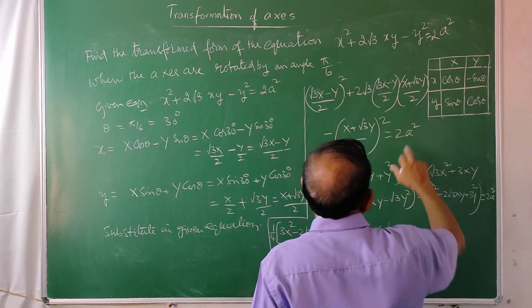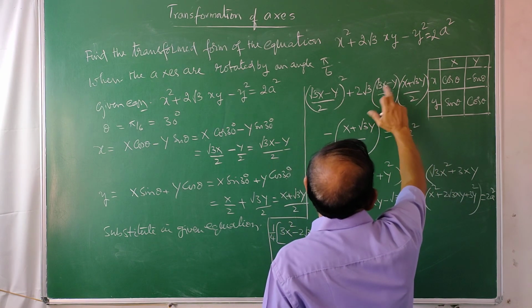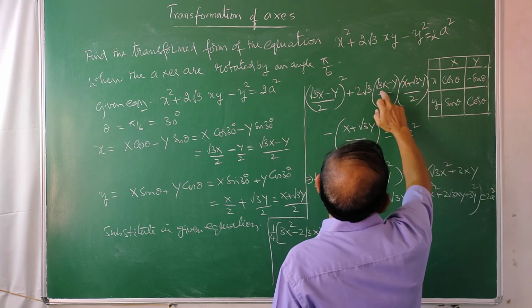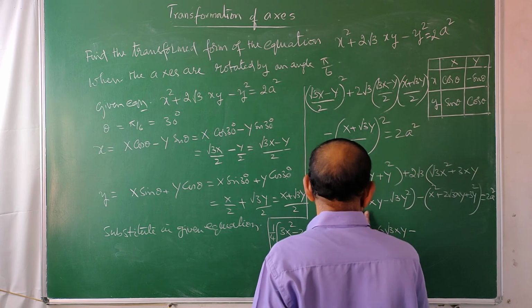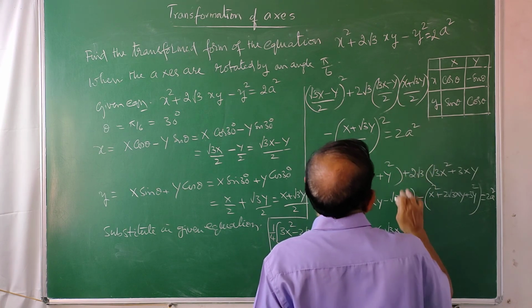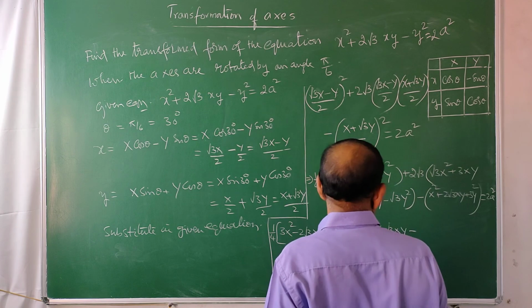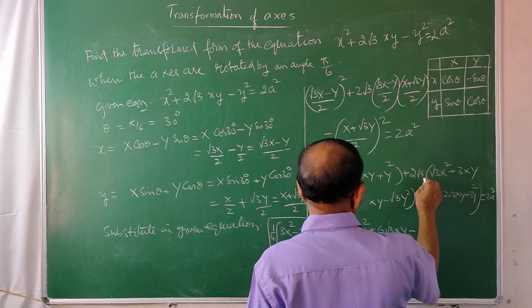Then root 3x into root 3x, square, root 3 into root 3, 3xy minus xy, sorry, this is multiplied, minus xy and minus root 3y, so minus 2 root 3 xy.